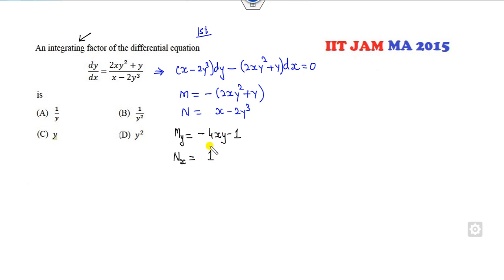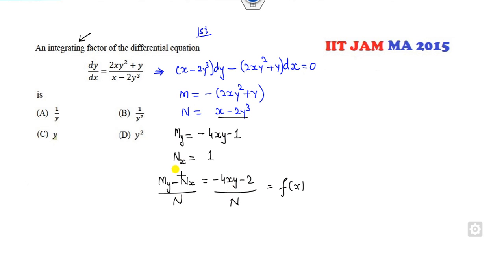Fine. Now clearly they are not equal, so I have to subtract them. So if I start from here, for example, then it will be minus 4xy minus 2. If I write minus of N, I have to divide by N. Is it possible? If I divide it by N, then the function should be of x. If I divide it here, it does not cancel out.